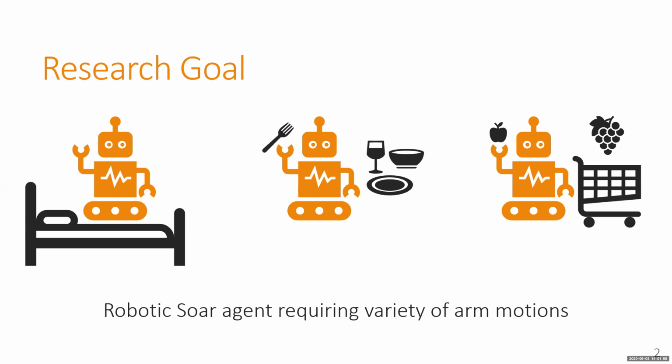So even just looking at this robot that makes a bed and unloads dishes from a dishwasher and goes grocery shopping, these three tasks span a really wide variety of types of arm motions. And so when I say a motion planning system for Soar, I mean something general enough to support an agent like this.